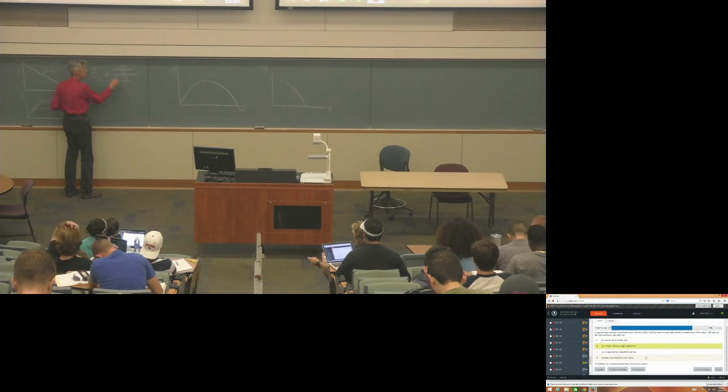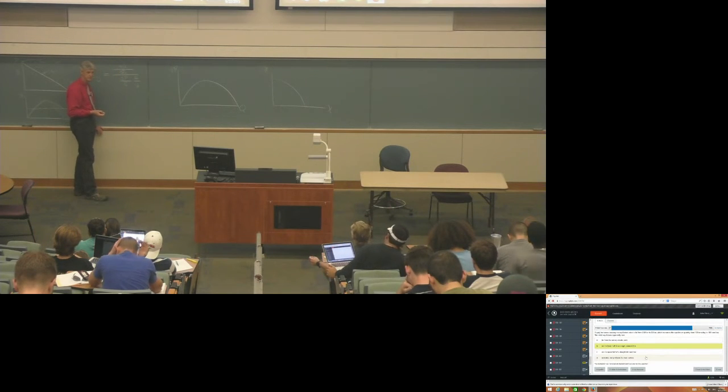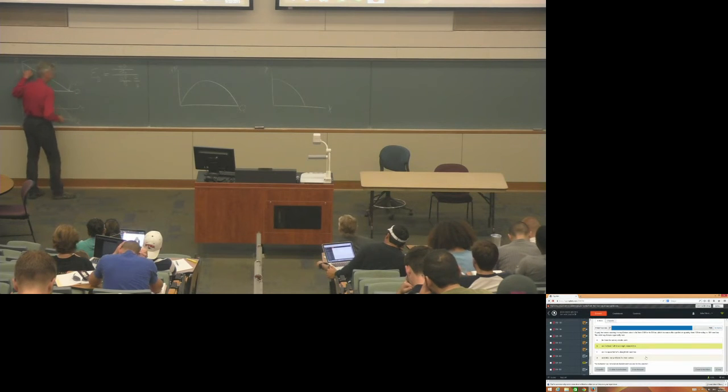So any given change in price will be a bigger percentage change. In other words, a change of $2 when the price is $4 is a 50% change. Whereas if the price is way up here and you change the price $2, well, that's starting from, say, $10. That's only a 20% change.